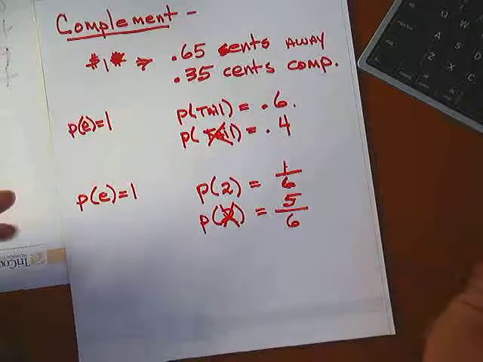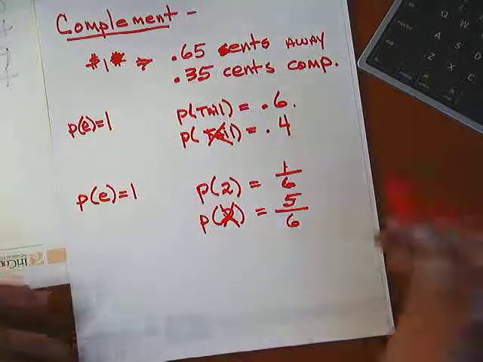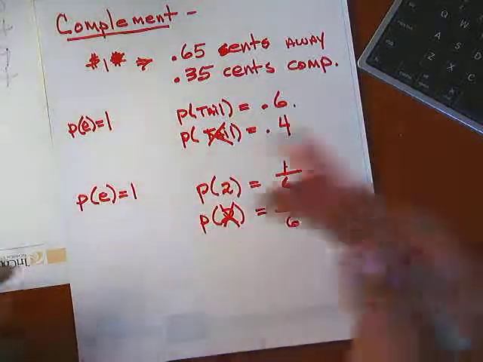The probability of an event is equal to 1.